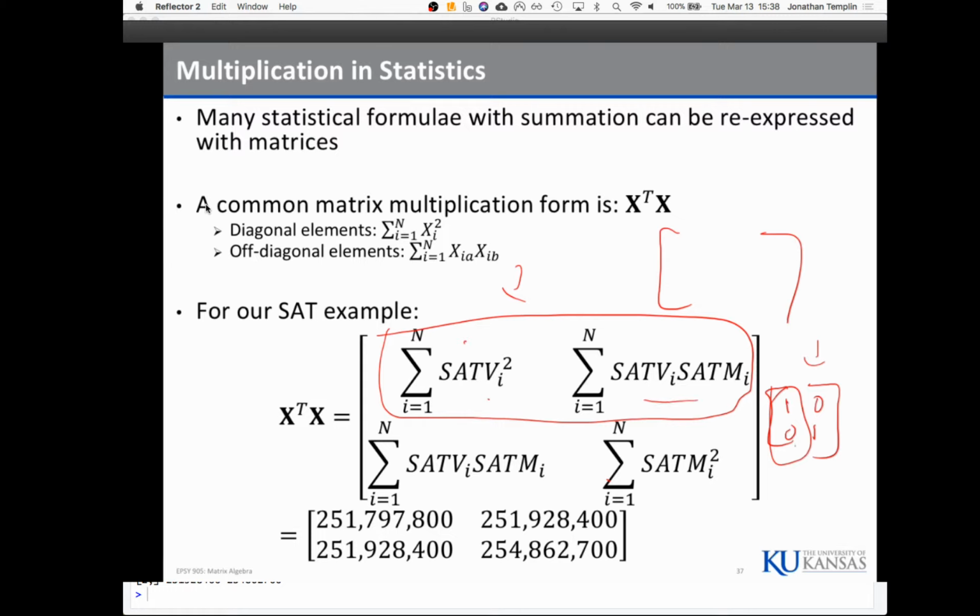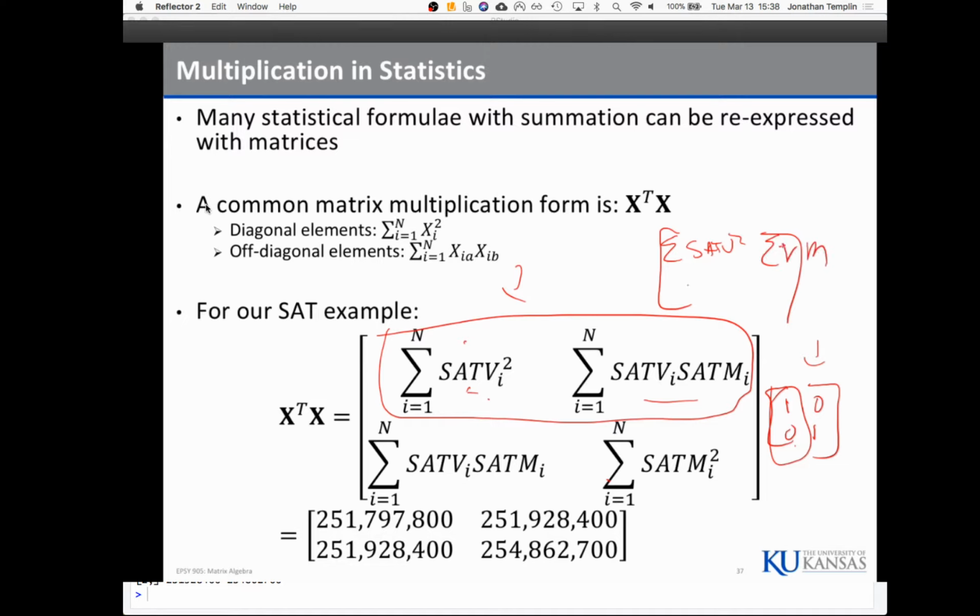We sum those together, and we're left with the sum of SAT variable squared up there, right? And the same thing happens as we go along. What is the second element up here? It's this row times the second column, which is 0 times SAT variable squared, but a 1 times the cross product. I'll just put V and M up here.